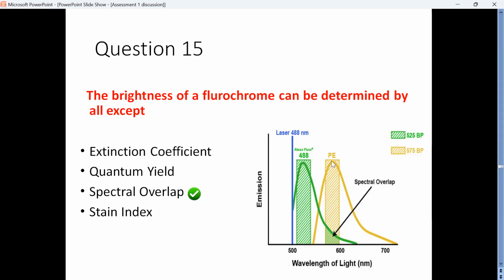Similarly, some amount of PE signal will be mistakenly taken in the FITC or Alexa Fluor detector as signal. Okay, so because of this, we'll get some problems. We need to correct this by a phenomenon called compensation. This is our next lecture, spectral overlap and compensation, which we will be discussing in the next lecture.